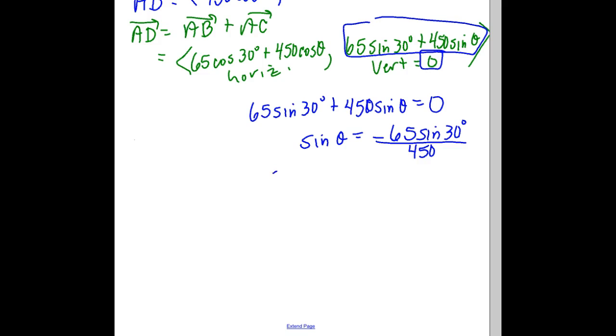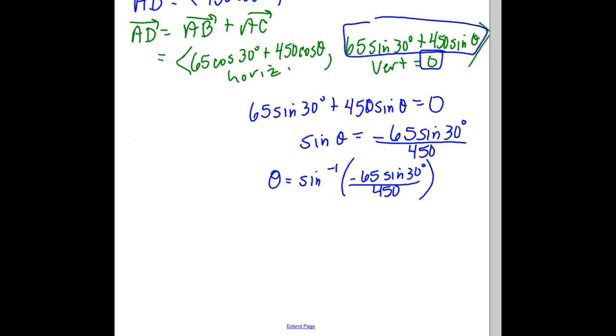Okay, so grab your calculators. You need to do the inverse sine of negative 65 sine 30 divided by 450. Double check that your calculator is in degree mode. Well, we don't know enough about the horizontal component to use that piece.